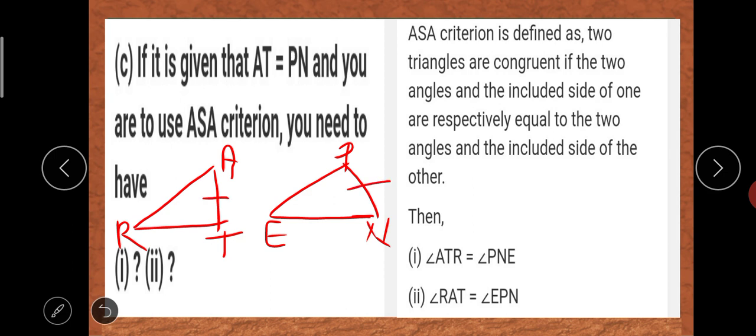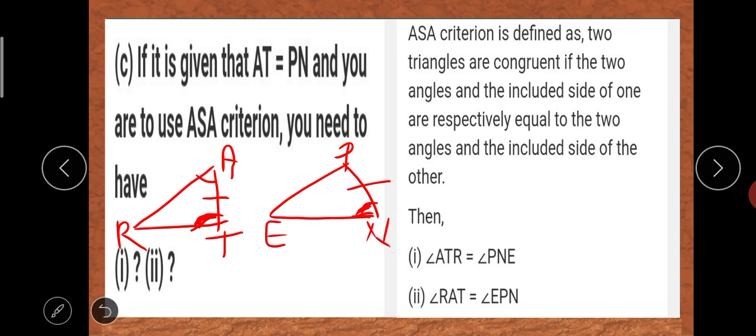So one side is given. Now we have to form two angles. I have written already ATR. That means ATR, here one angle is formed, which is equal to PNE. And the second one will be RAT.